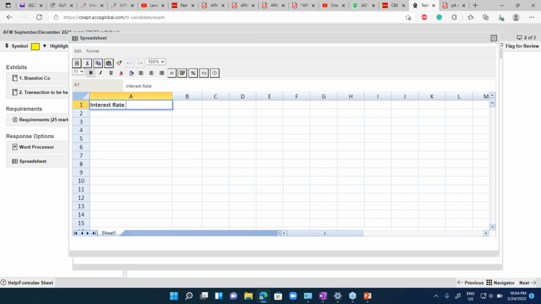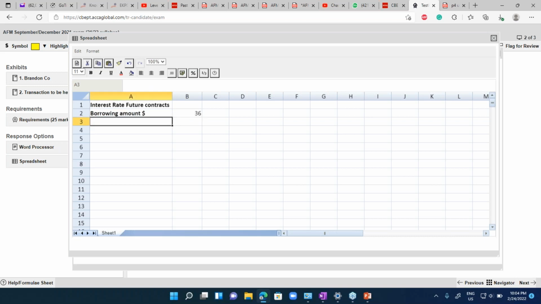Interest rate future contract. So the number one step is the borrowing amount. Borrowing amount, that is $36 million.